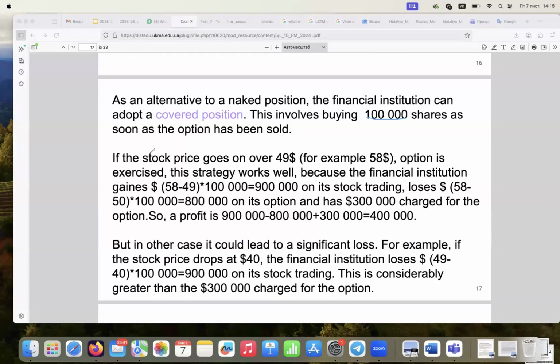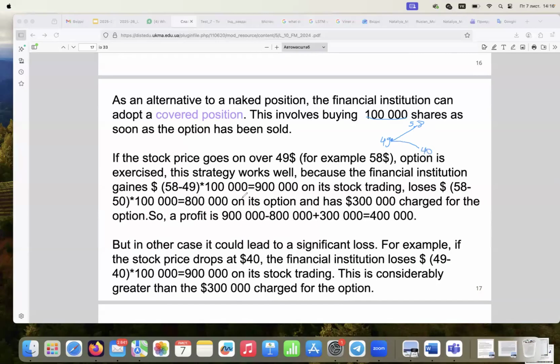If the stock price today is 49, in the up scenario, for example, 58, and in the down scenario, for example, 40.